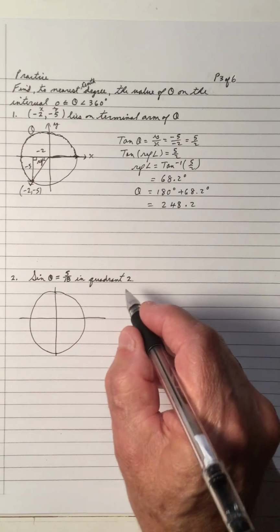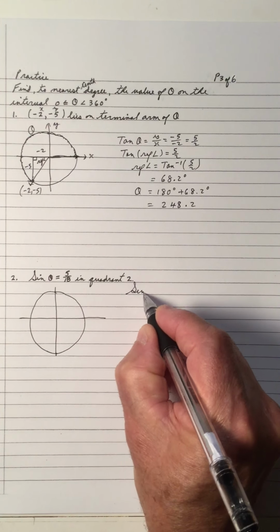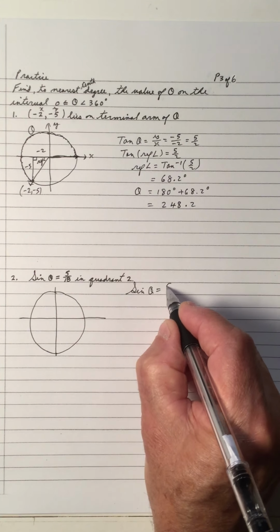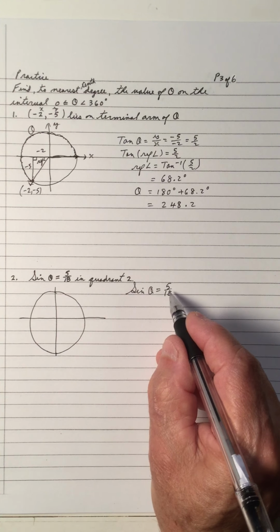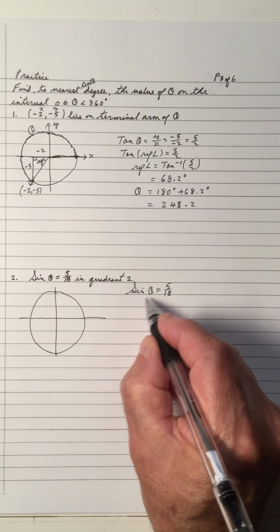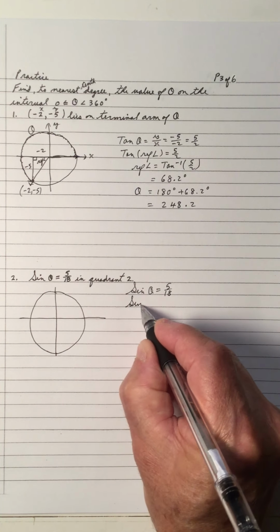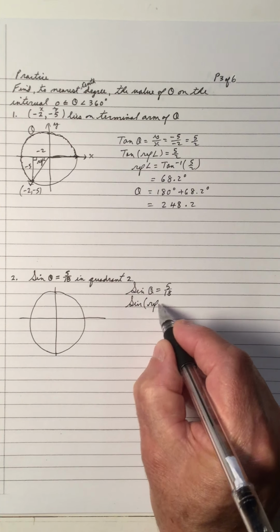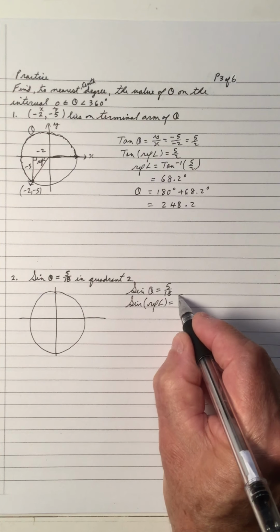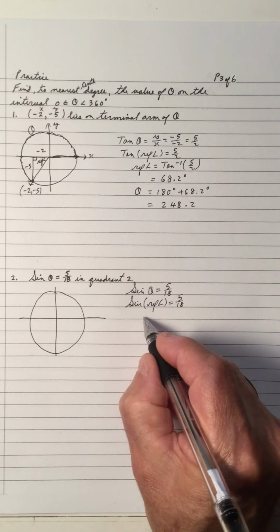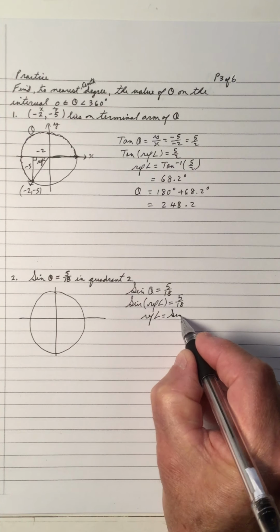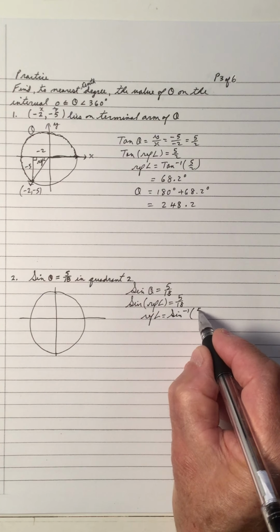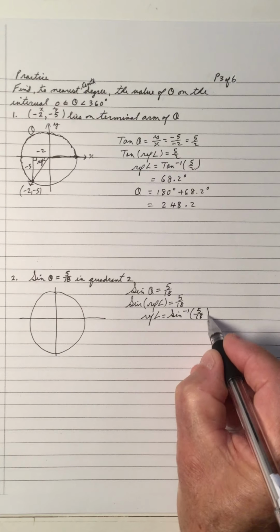And sine is 5/18. 5/18 is positive, so it's already positive. So we'll just get the reference angle. The reference angle is sine to the -1 of 5 divided by 18.